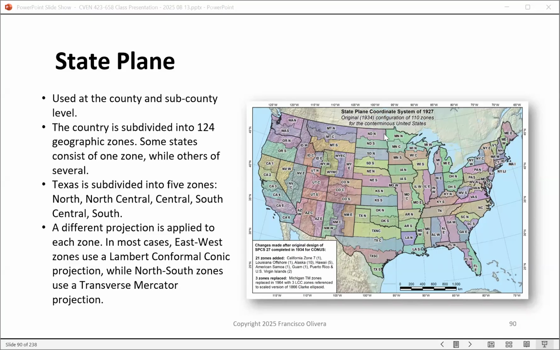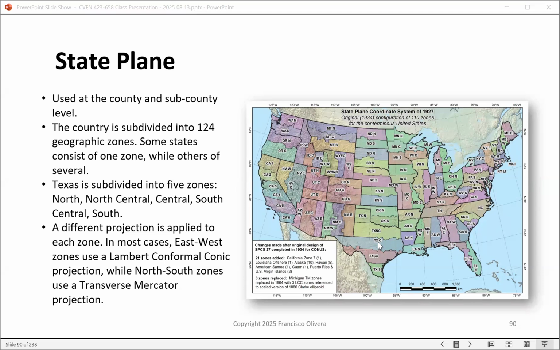All counties belong to one of the zones and only one. No county belongs partially in one zone and partially in the other. So you can find which is the zone for your county. Travis County, for example, where Austin is, is going to be in Texas Central.